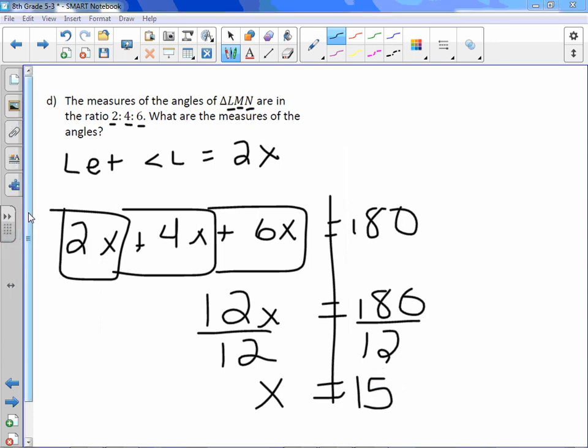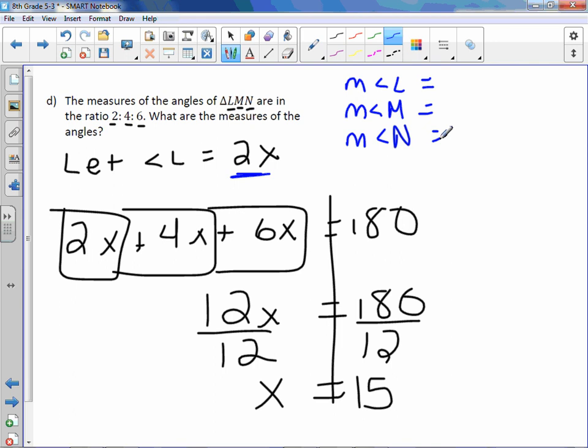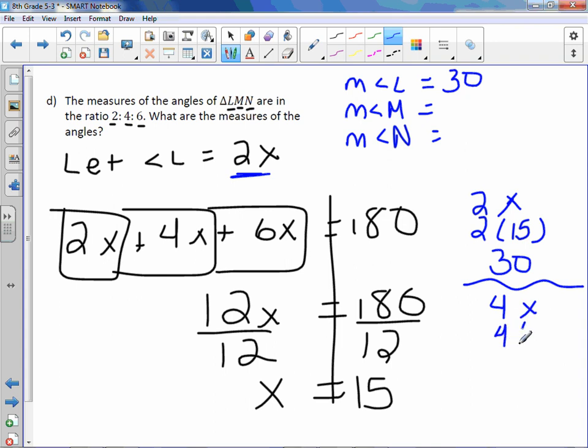Well, x equals 15, but remember, L is 2x. So, measure of angle L, measure of angle M, measure of angle N. Well, 2 times x is 2 times 15, which is 30, so angle L is 30. 4 times x is 4 times 15, which is 60, so angle M is 60.